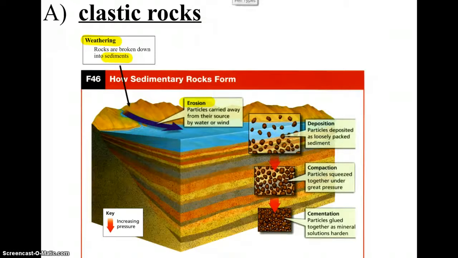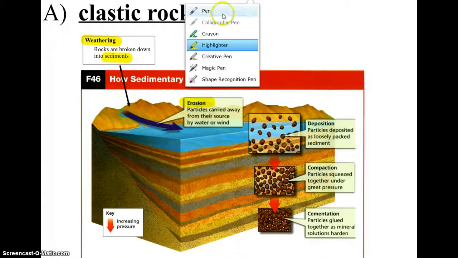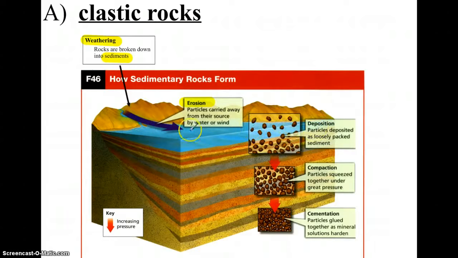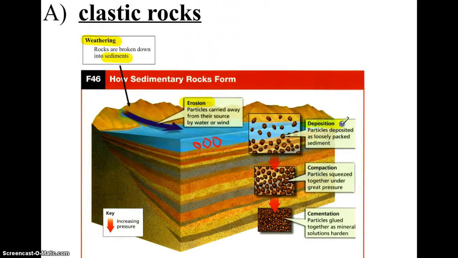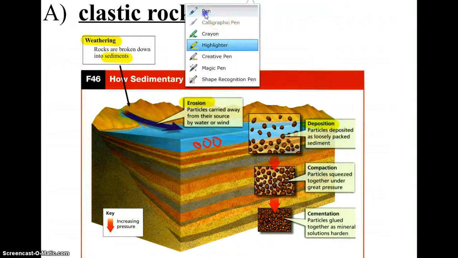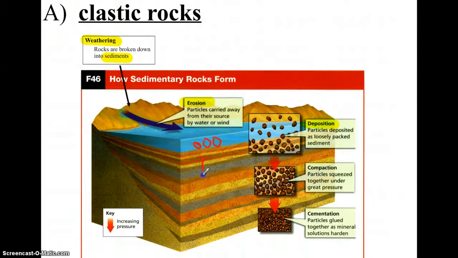Usually they'll end up in water, and when they reach the bottom of the water, they will become deposited at the bottom. So that third step is called deposition, and that is when the particles become deposited, usually at the bottom of water. Now, over time, layer upon layer of sediments will squeeze down, they'll put pressure on the layers below them.